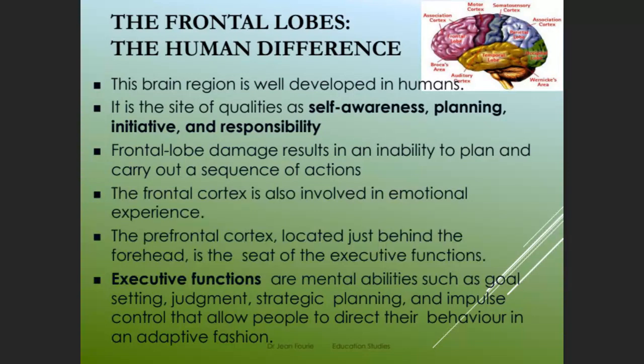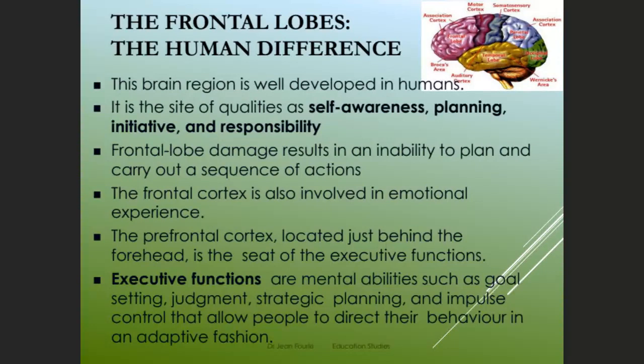These are our mental abilities that allow us to do setting of goals, to make judgments, and to be strategic in our actions and planning. It's also the place that allows us to control our impulses and to direct our behaviors in an adaptive way so that we can function effectively in a very complex world.